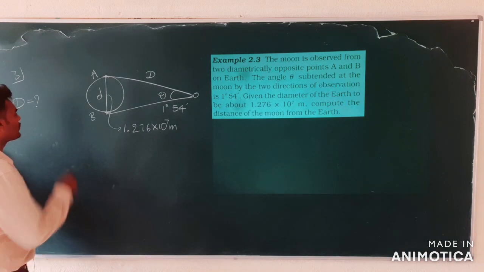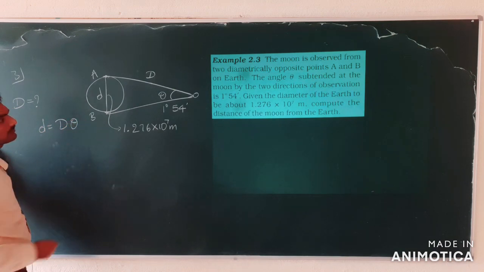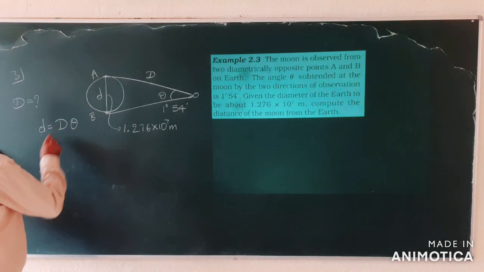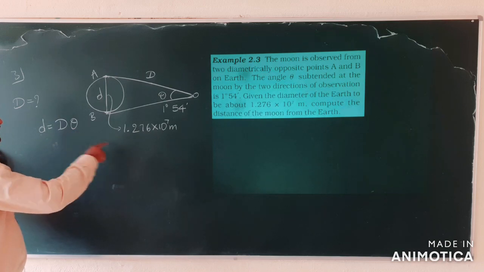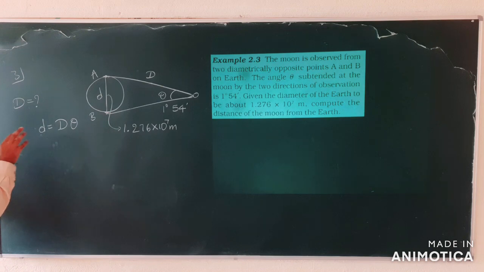So S is equal to R theta, so small d is equal to capital D theta, right? That is the formula that we are going to make use of. But before we go for this formula, let me write the given data. We should always write the given data first.